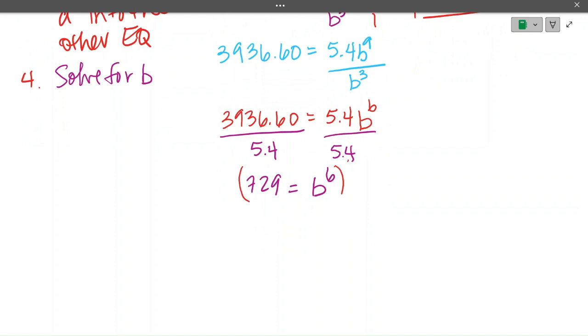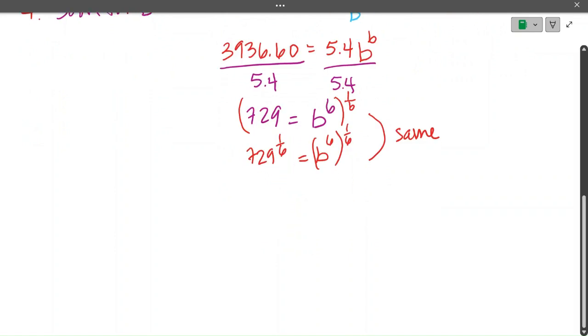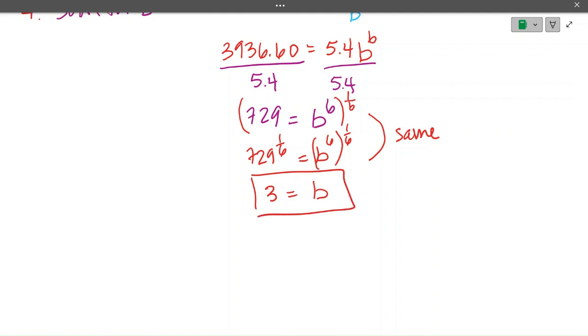And if I do it to one side, I do it to the other. So essentially, I'm doing this. If I were to write this in another way, these two are the same. Okay, when I do that, I find out that b equals 3. Okay, awesome. We now know b.